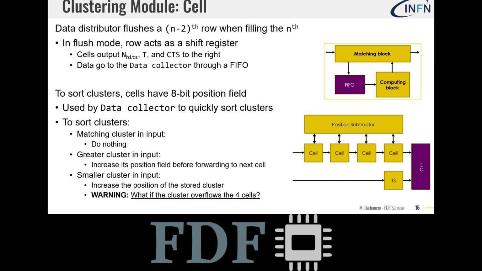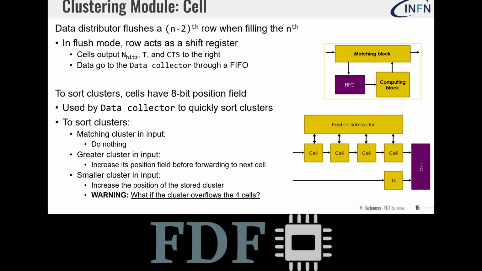If the input cluster has a time greater than the cluster seed, the cell increases the position field of the right cell. If the input cluster has a smaller time with respect to the seed time, it increases the position field of the cell.